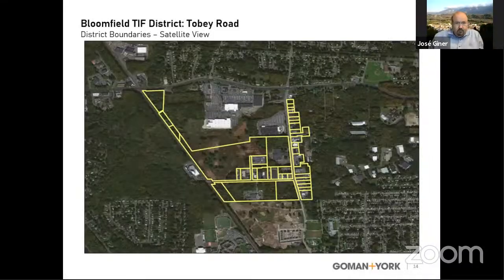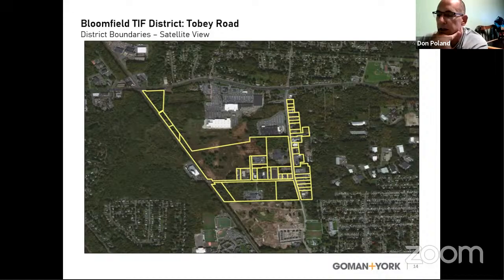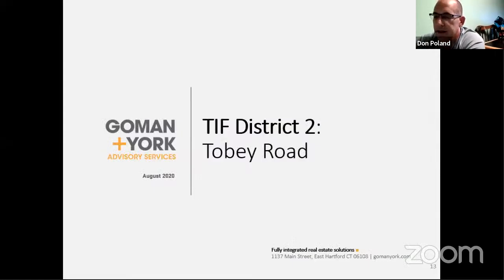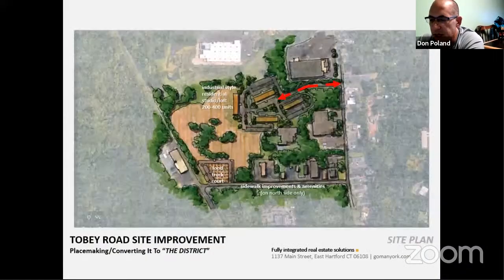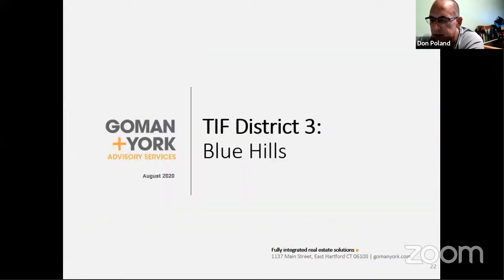Are you seeing Toby Road right now? Yes. Map. Okay, good. So that was just the town-wide map I was discussing. I'm not going to go back to it since we're going to focus in on Blue Hills.